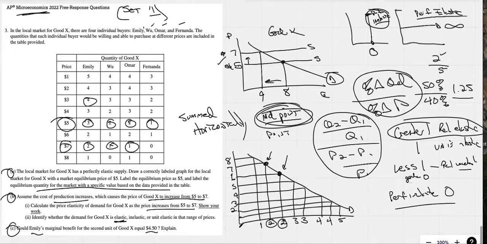It could not have been 450. Her 450 is somewhere at 3 units. So no, it could not have been, because for the second unit it is between 6 and 7. Something of that nature would get you all the points, I think. We could just say her marginal benefit of the second unit is greater than 450. I like that. Easy enough.